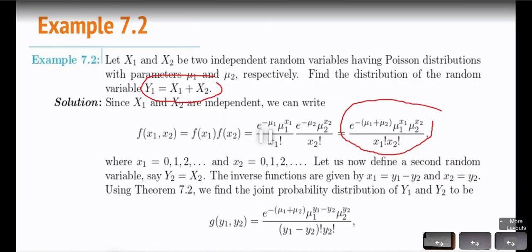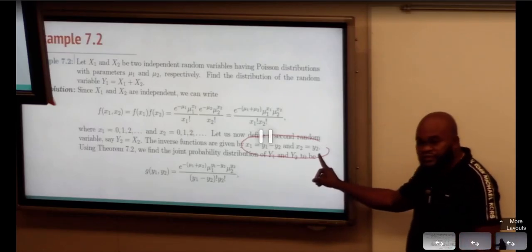And, of course, automatically here, x2 is going to be y2, which is this guy here. And x1 is going to be that. Is there any question on now? What I'm trying to tell you now, my inverses is this guy here. These are my inverses. Express old variable in terms of the new variables. I've expressed x1 in terms of the new variable, x2 in terms of the new variables.